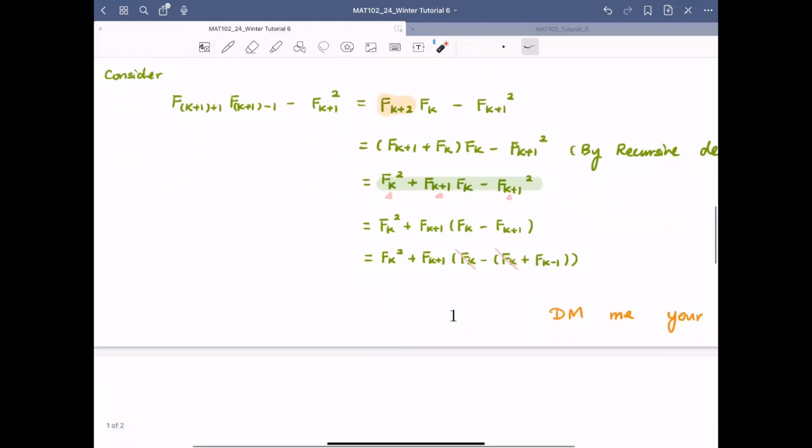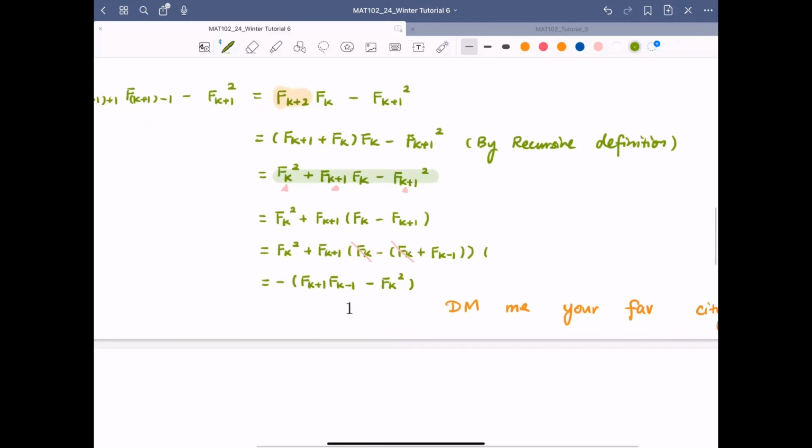So let's factor it out. That's gonna be negative of fk plus 1 times fk minus 1 minus fk squared. Again, here I used recursive definition. I should mention it.